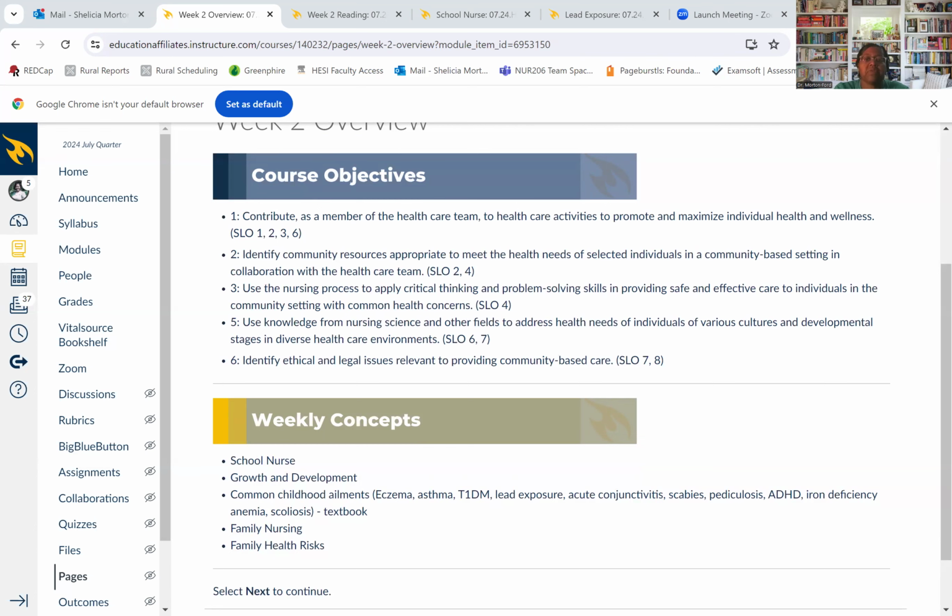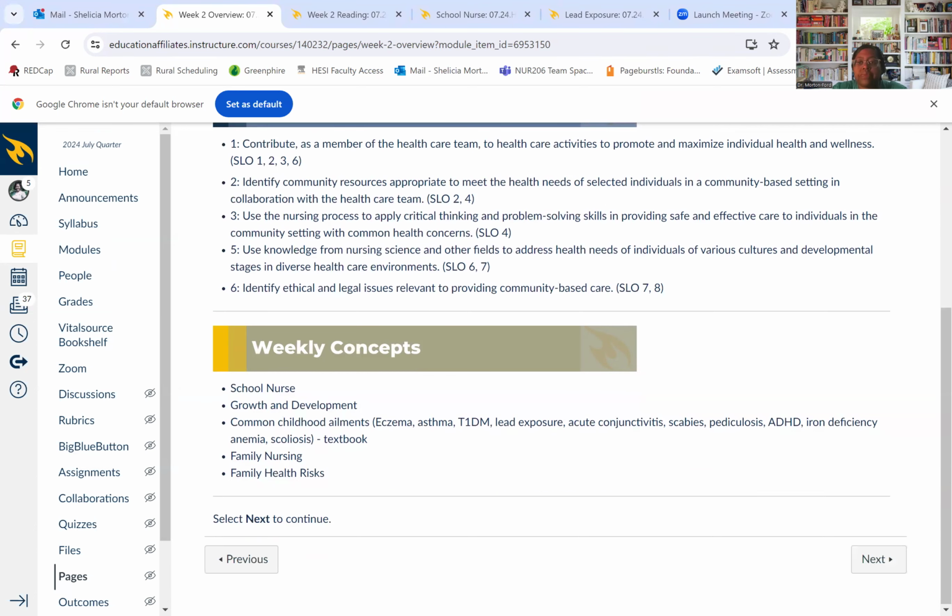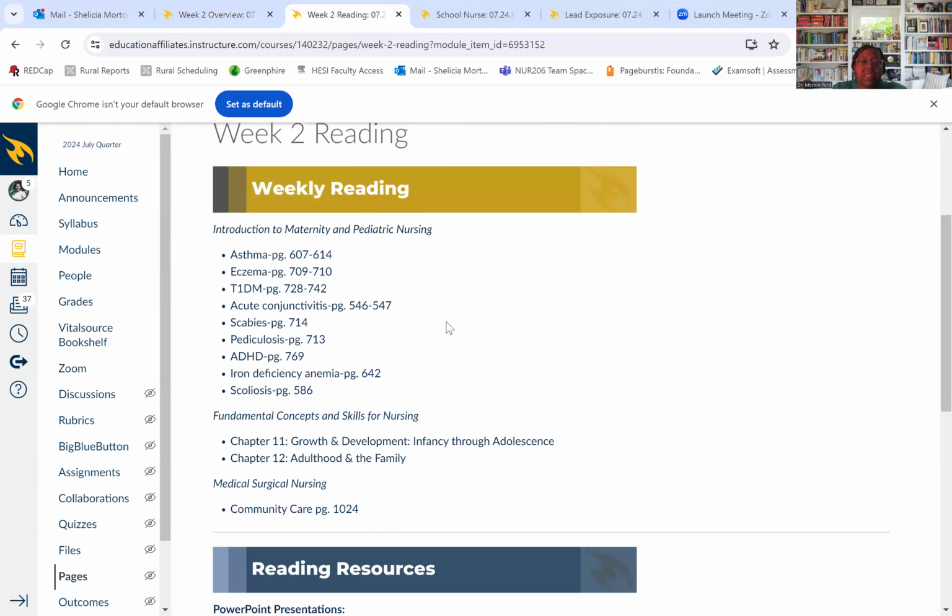So the concepts for this week are school nurse, growth and development, common childhood elements, family nursing, and family health risks. Your required readings are as listed on the screen. Ensure that you have the correct edition. And if you do not have the correct editions for this course, contact your campus dean.